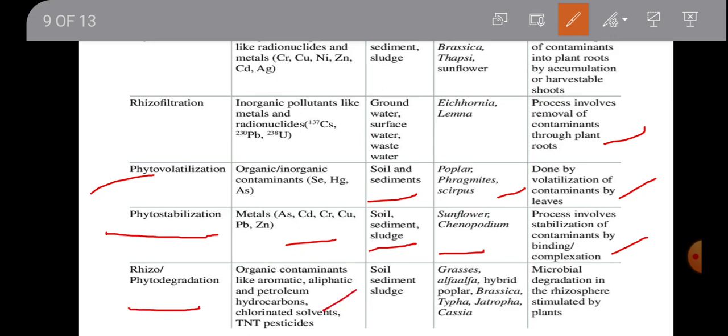Organic contaminants like aromatic, aliphatic, and petroleum hydrocarbon, chlorinated solvents, TNT, pesticides. Media is soil, sediment, sludge. Plants used are grasses, alfalfa, hybrid poplar, brassica, typha, Jatropha, cassia. Process is microbial degradation in the rhizosphere stimulated by the plants.